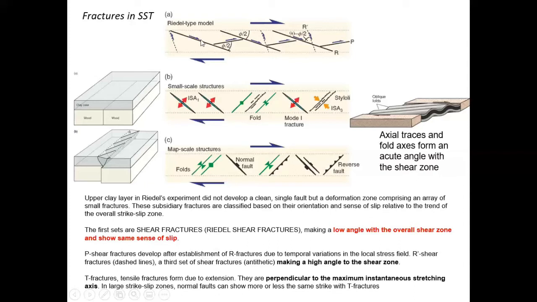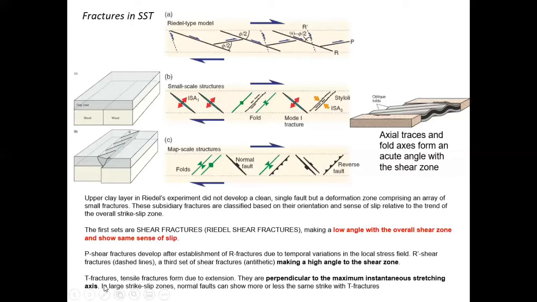As we move these blocks in two different directions, some blocks will be stressed, compressed, and as a result of this increased pressure, those blocks will escape in one direction and form along these P pressure fractures, which still have same sense of slip with main strike slip also.